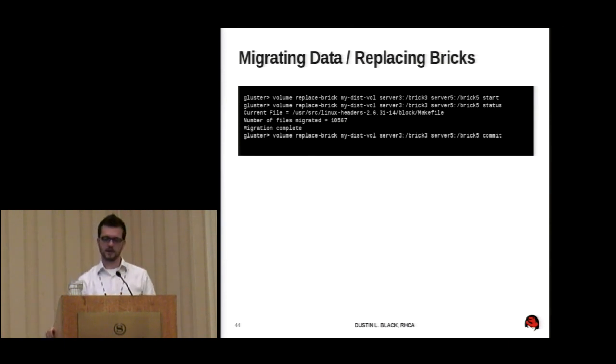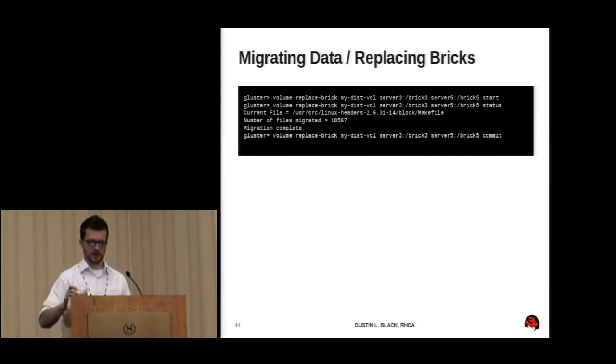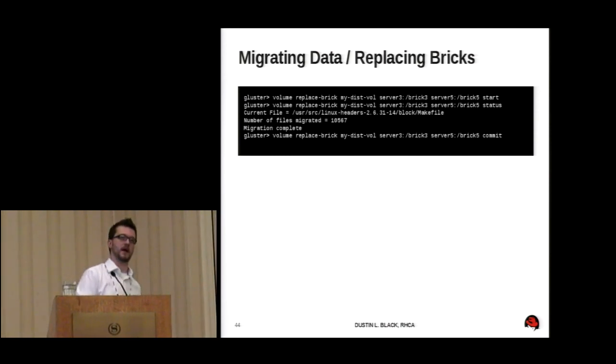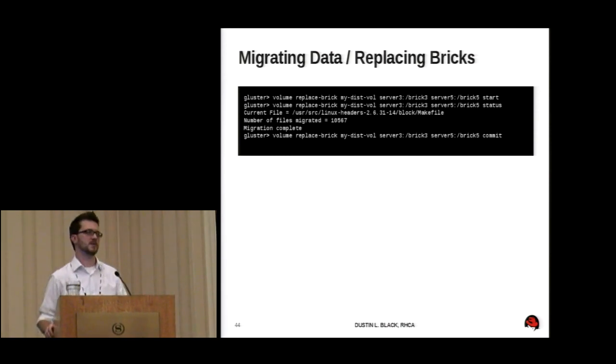So we'll look here at migrating data or replacing bricks. In this case, instead of just adding a new brick or taking a brick out, let's say for whatever reason I want to replace a brick that's already existing. Again, the command is straightforward: volume replace-brick, which volume, which brick I want to replace, and what the new brick is, and start.